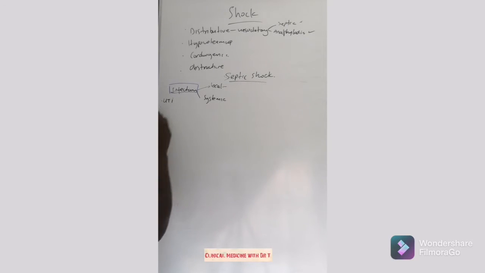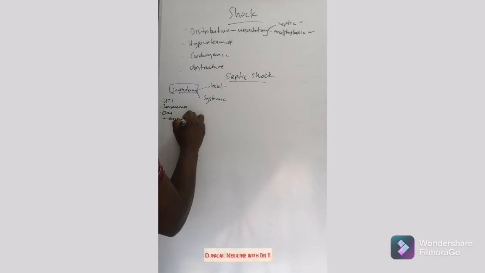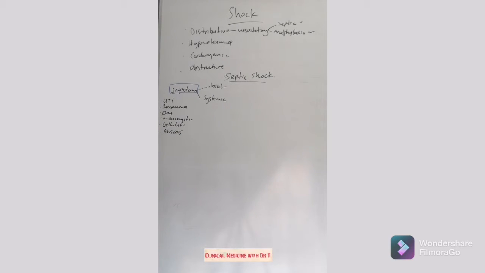So UTI can, pneumonia, in kids things like otitis media, meningitis, even cellulitis and abscess. What other infections?